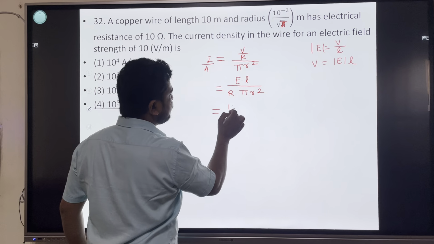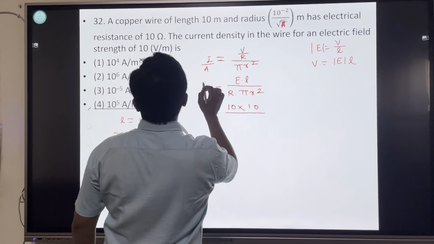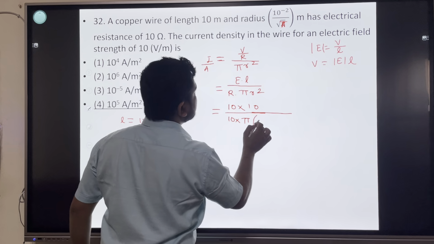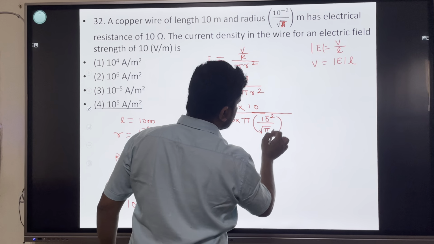Put all values: 10 into length 10 divided by resistance 10 into pi into radius 10 raised to minus 2 divided by square root pi, bracket square.